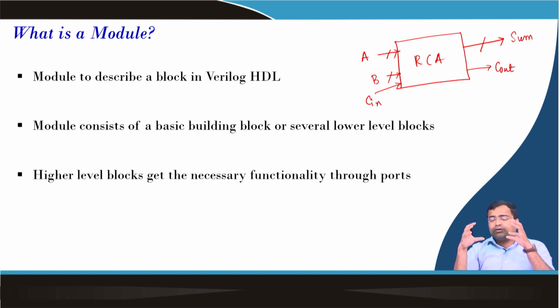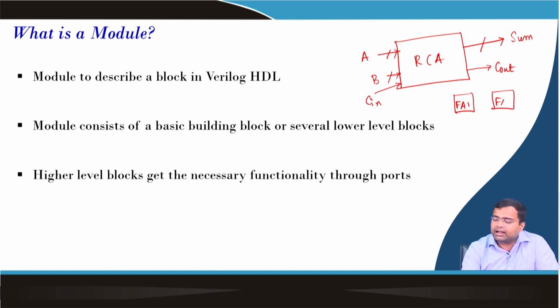But inside, when you are realizing the ripple carry adder, you will have multiple full adder circuits, full adder 1, full adder 2, and how they are interconnected, we will see in a subsequent lecture. The intermediate interconnection will not come as an input output port. So, the input output ports will only consist of the vector data A and B, then carry in, and the sum out vector and carry out.